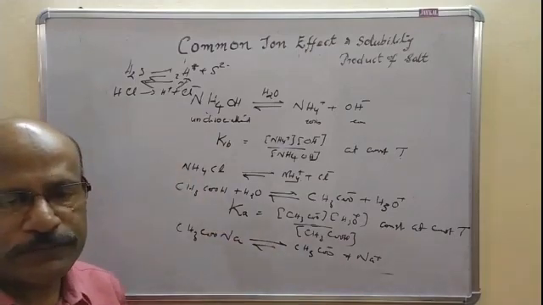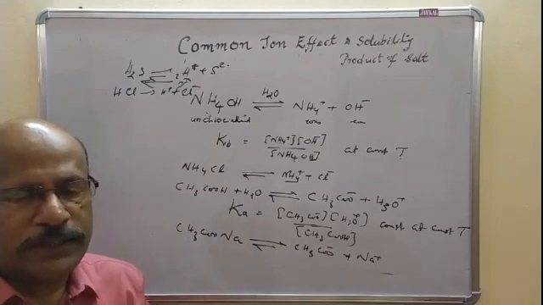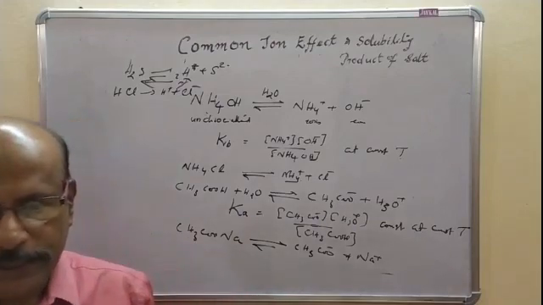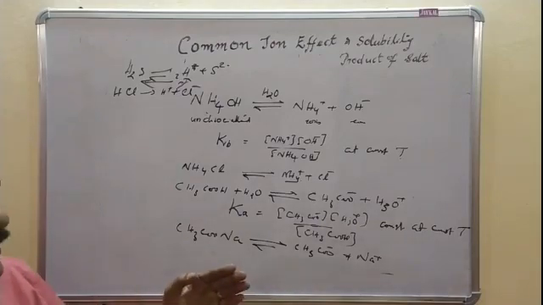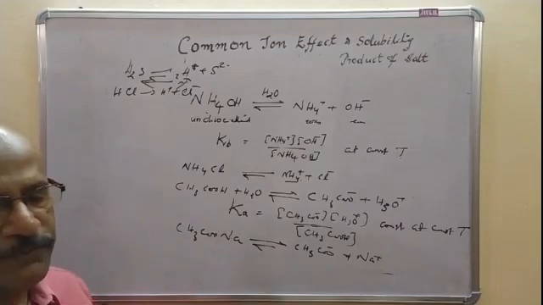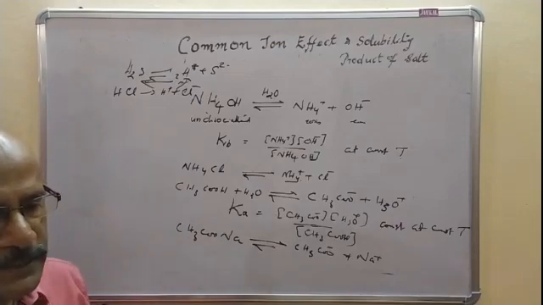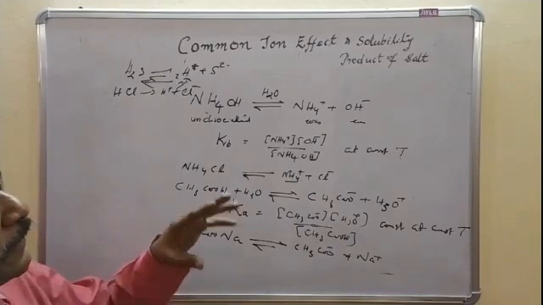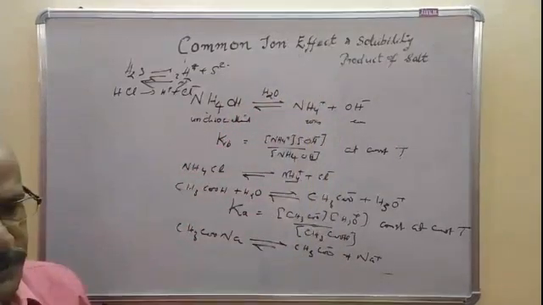The process of the suppression of dissociation of a weak electrolyte in its solution by adding another electrolyte, usually a strong electrolyte, containing an ion common to that of the weak electrolyte, is called the common ion effect.